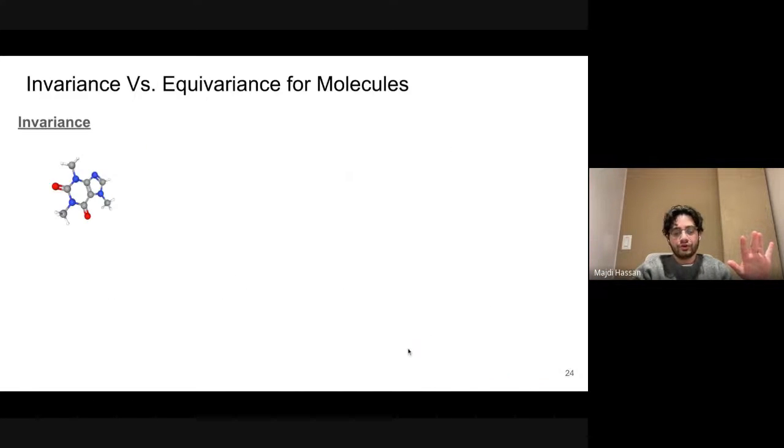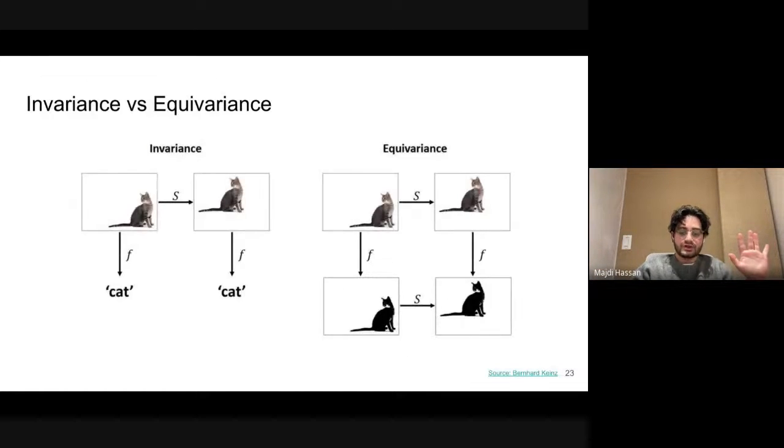Here we translate the cat in a similar way, but now we're outlining the cat and essentially coloring it black, right? We're segmenting the cat. But the segmentation is going to follow the cat when we translate it in the input, and we're going to have that similar translation in the output of the model when we're segmenting it.